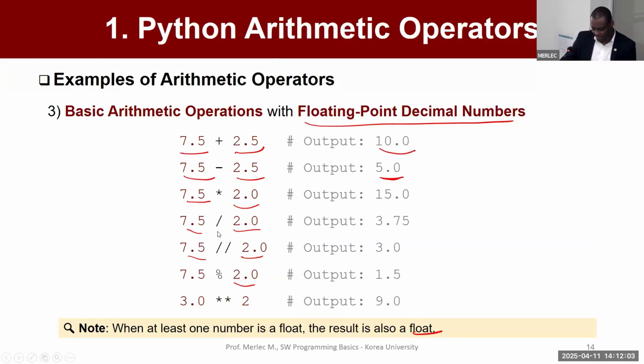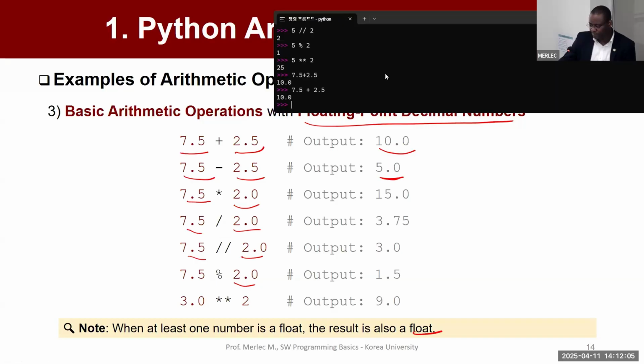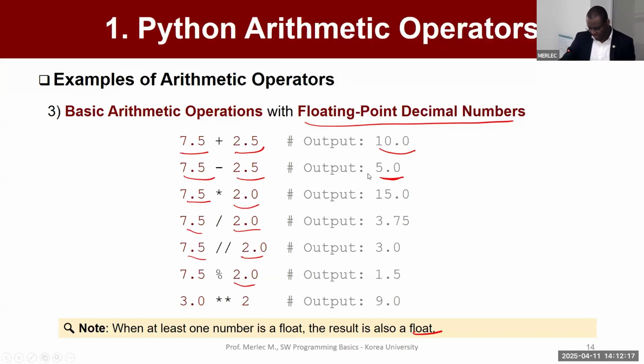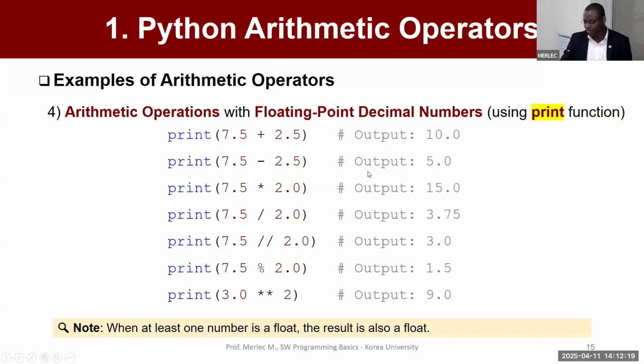Same for the remaining operations. If one of the operands is of decimal point type, the result will also be a decimal point number. You can also use them with print to show the results directly.